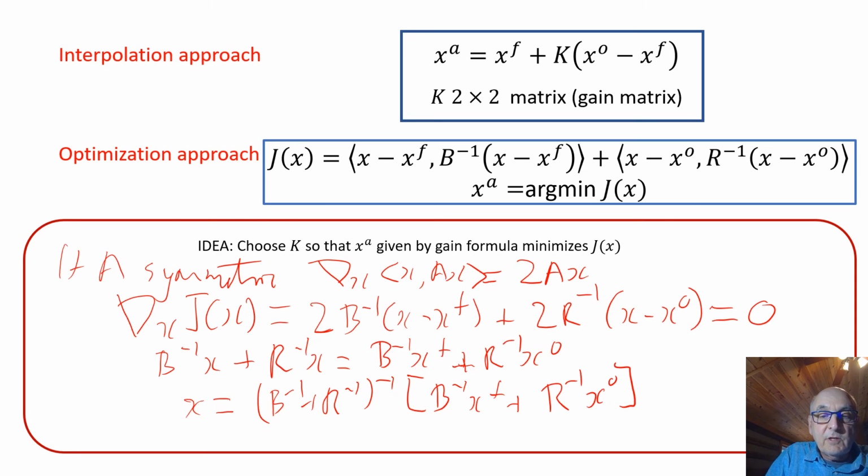And again, you can try to find an interpolation from this, and you will see, if you work this out, that K is equal to B times R plus B inverse. In other words, XA is equal to XF plus B times R plus B inverse times X0. Right, which is completely analogous to the one-dimensional case, but now with matrices instead of scalars.